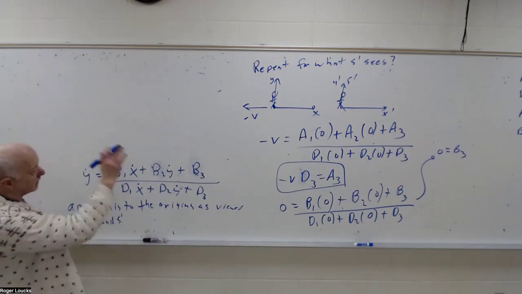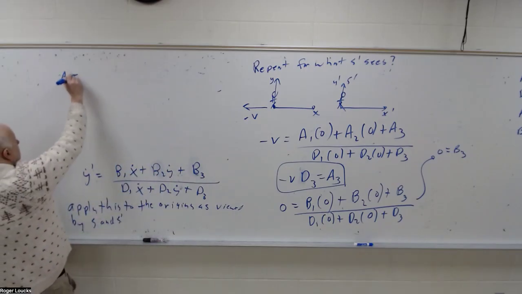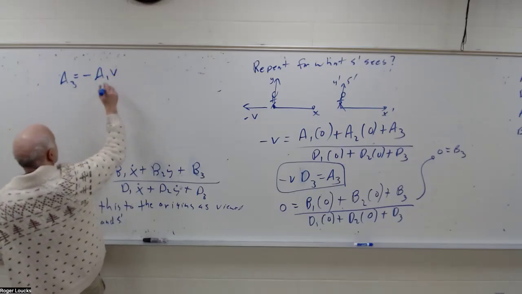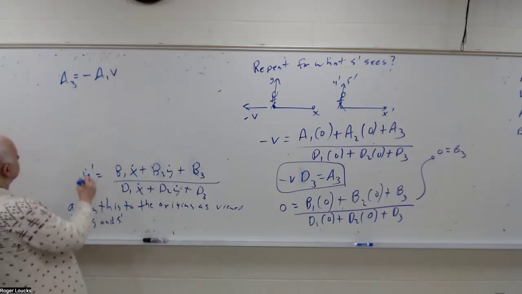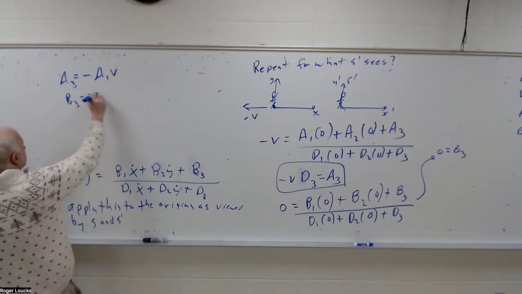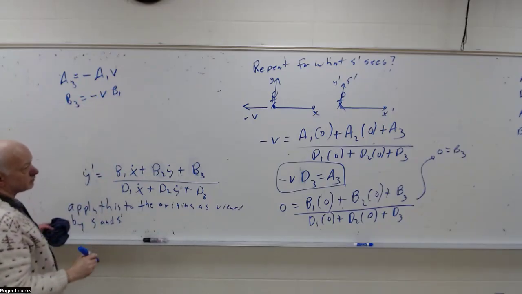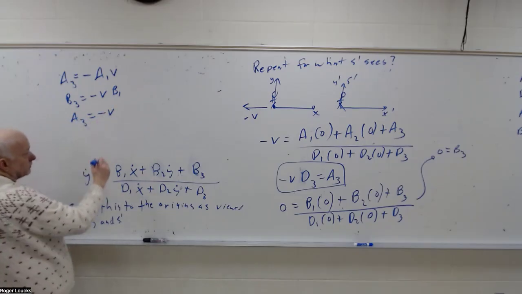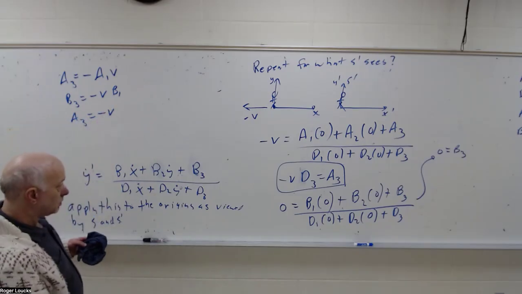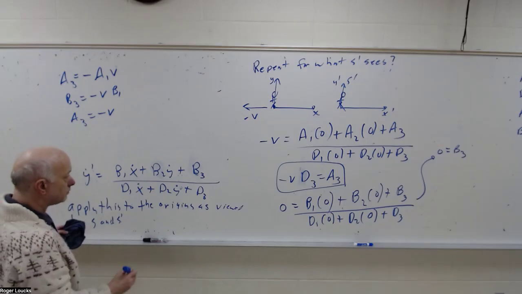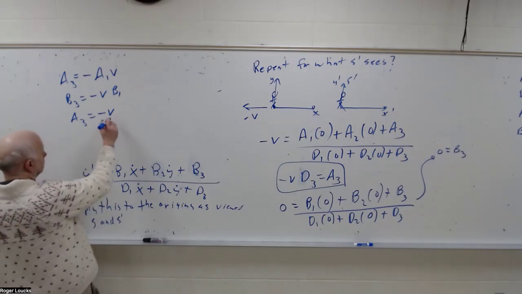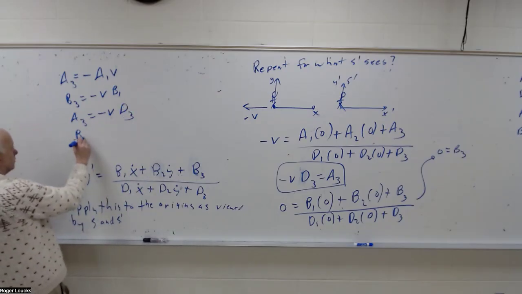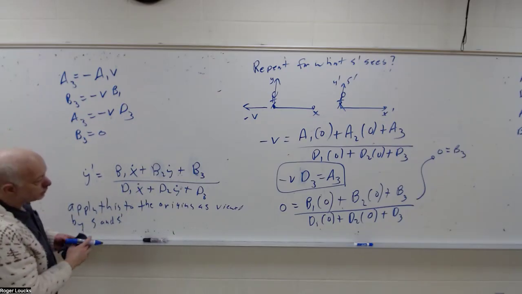Okay, so what do we have? I'm just going to copy these equations over here. So this is A3 equals minus A1 V, B3 equals minus V B1, A3 equals minus V D3, and then B3 equals 0.